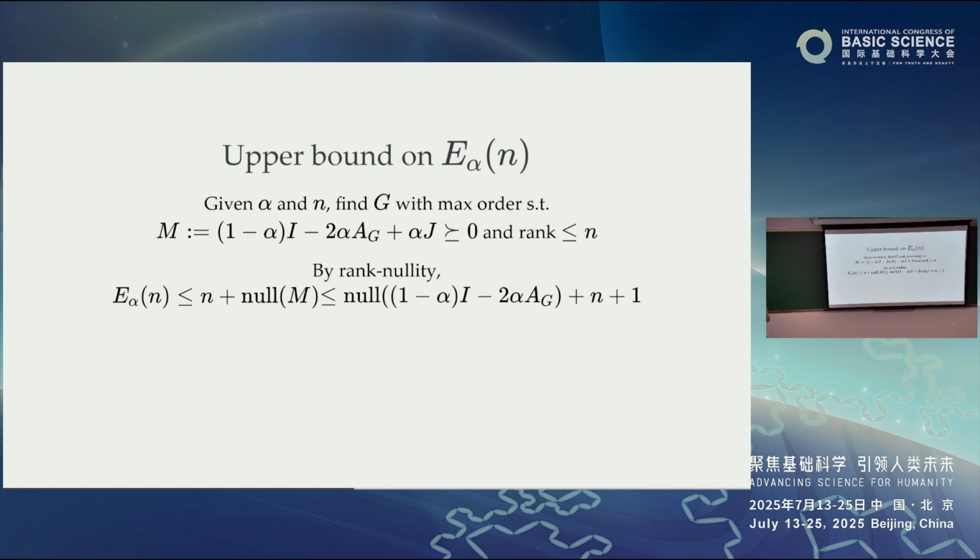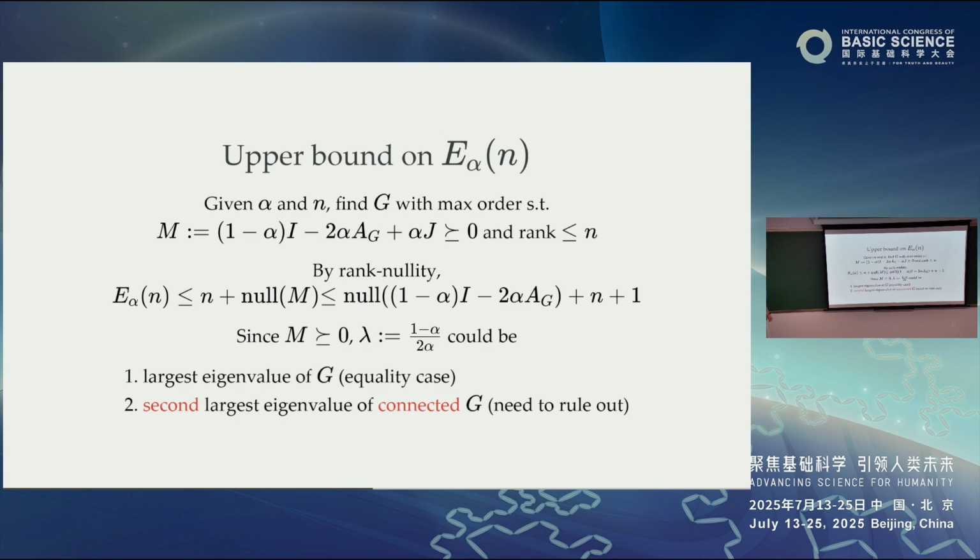So here we have a situation where we want to understand the nullity of this matrix. And because this matrix M is positive semi-definite, if I set lambda to be 1 over alpha, 1 minus alpha over 2 alpha, then this lambda can only serve two roles.